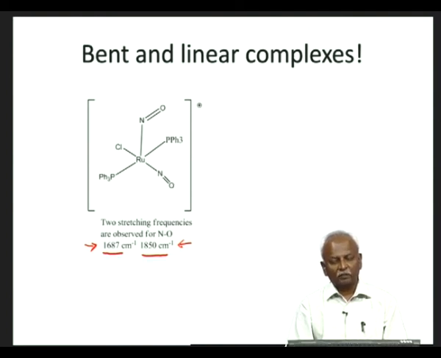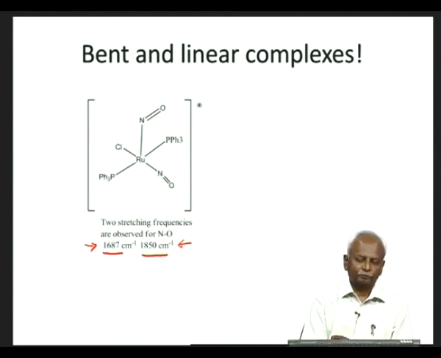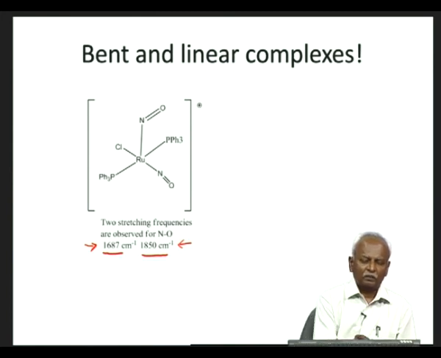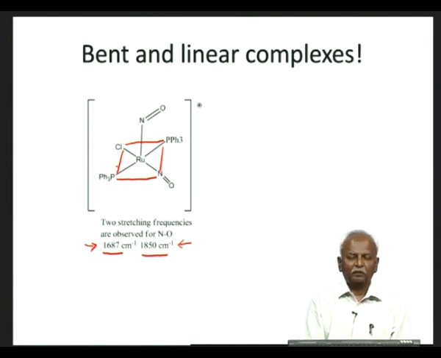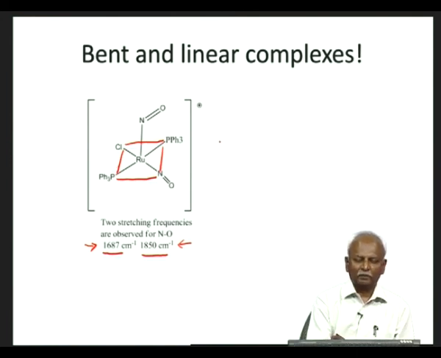And the structure of this molecule, this intriguing structure, can be imagined as a square pyramid. In other words, these four ligands, the nitrogen, chlorine and the two phosphorus atoms, are there in a plane, and the bent nitric oxide is there in the apex of this square pyramid.